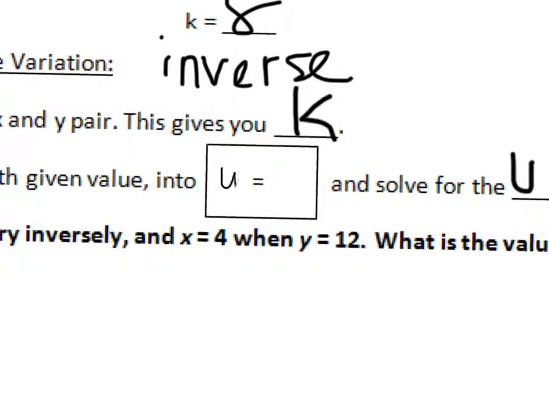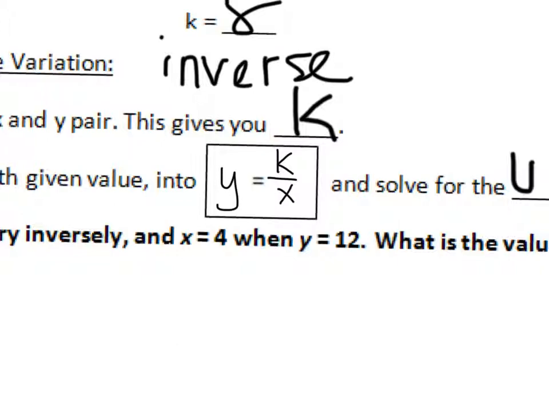And it's going to be y equals k over x. Now, you're going to say, but wait, we multiplied to find k. And you're right. But now we're solving to find either an x or a y, which means we have to do the opposite, and the opposite of multiplying is dividing. So once you find k, you divide by your x to find y.